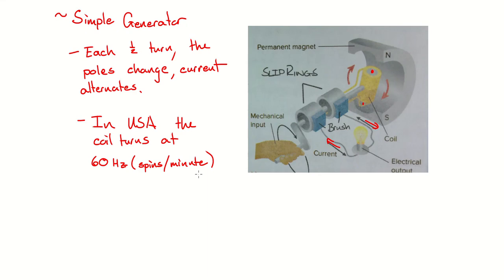In one spin, half the time it's facing north in the coil and the other half is facing south, right? So how often does my current change in one spin? Twice. If I have 60 spins, how many times does my current change? So right off the bat, when we have 60 hertz as our coil turns at that rate, the current alternates how many times per minute? 120 times per minute.